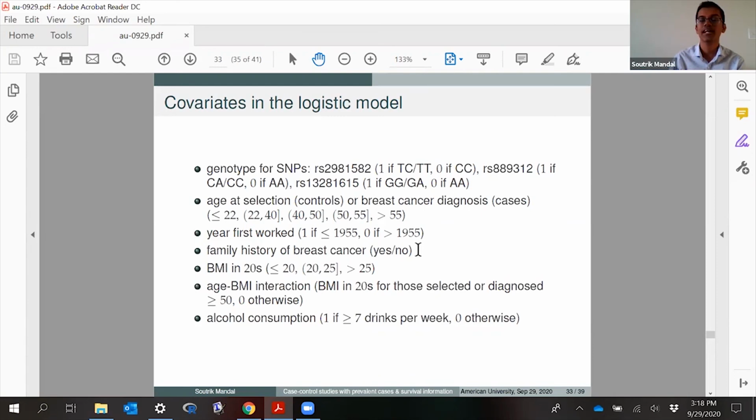When the data was collected based on the surveys, they asked whether the radiation technologist started working before or after 1955. So I assume something changed in the technology at that time. Okay. Maybe newer technologies made the impact of radiation much lower, something like that. Mm-hmm. Okay.